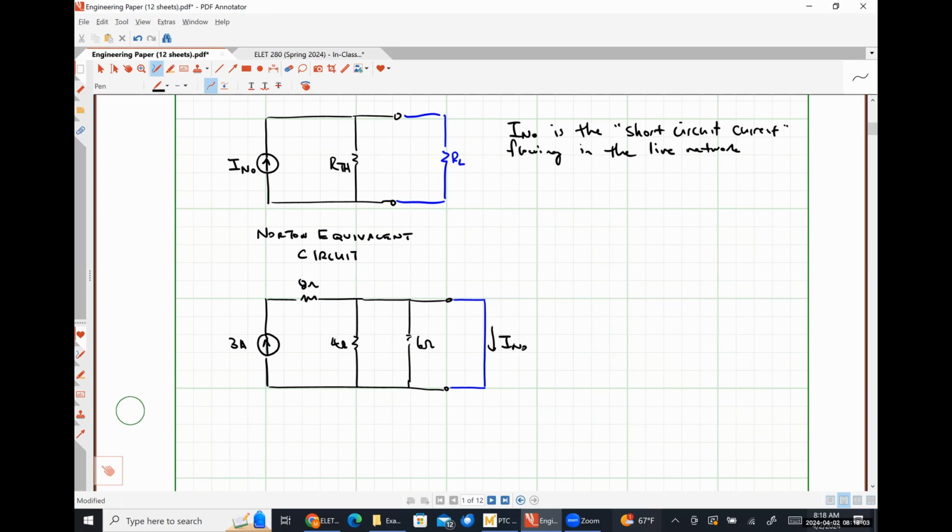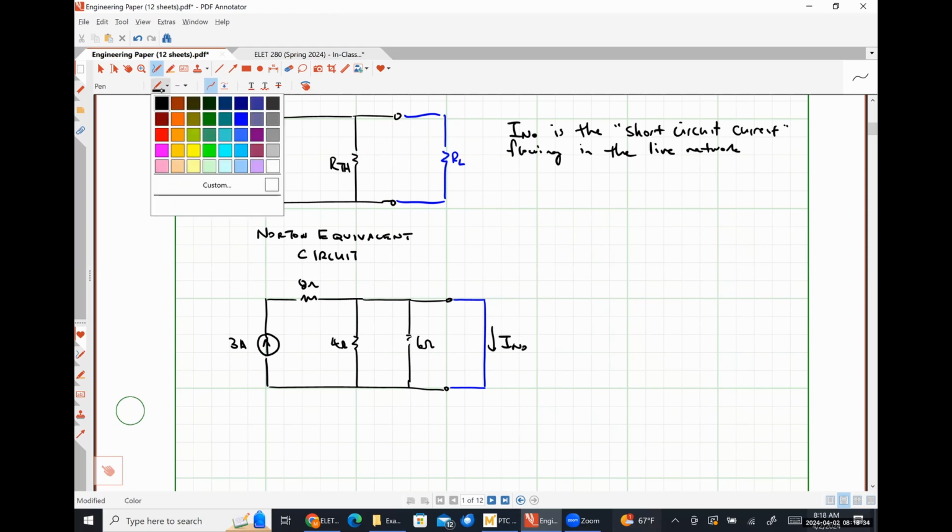Okay, so if there's no voltage drop across that short circuit, and that short circuit is in parallel with the 4 ohm resistor and the 6 ohm resistor, what's the voltage drop across the 4 ohm resistor and the 6 ohm resistor? None, no voltage. Okay, so there's no voltage drop across the 4 ohm resistor and the 6 ohm resistor. Okay, through the short. Exactly right.